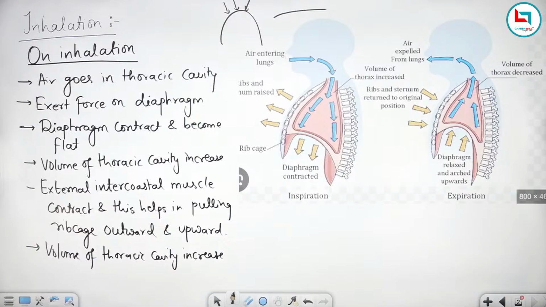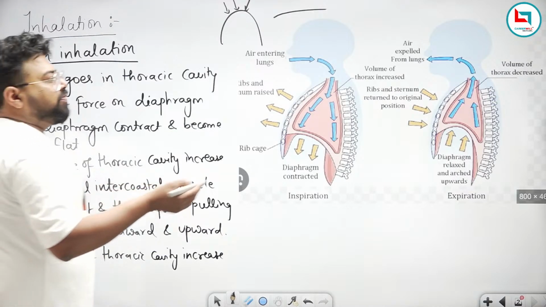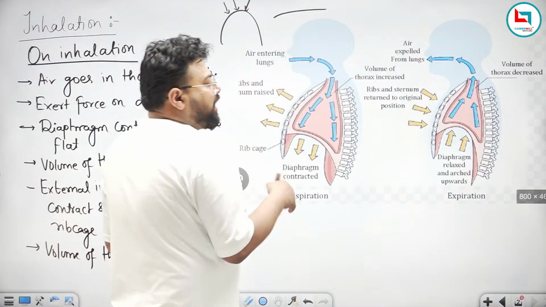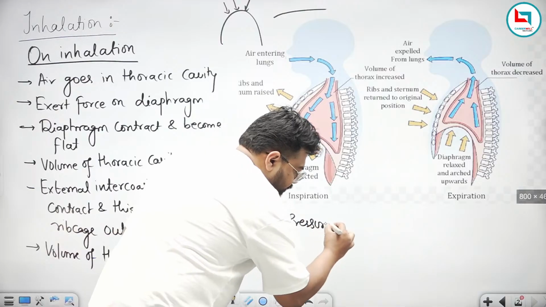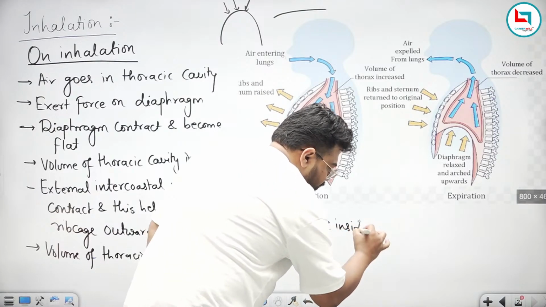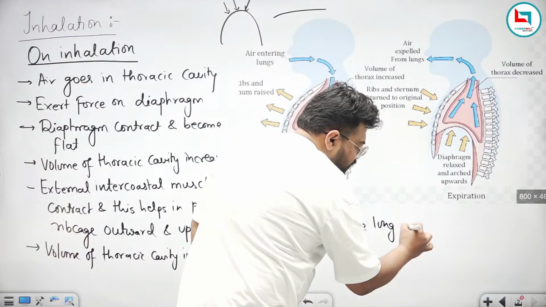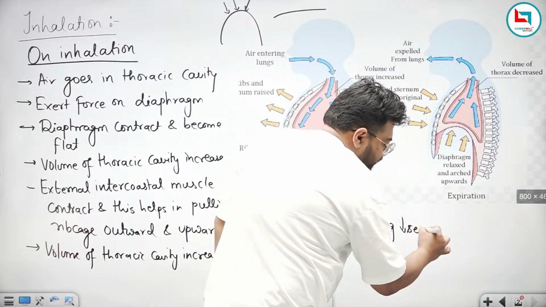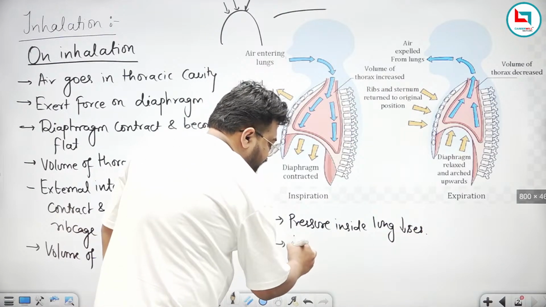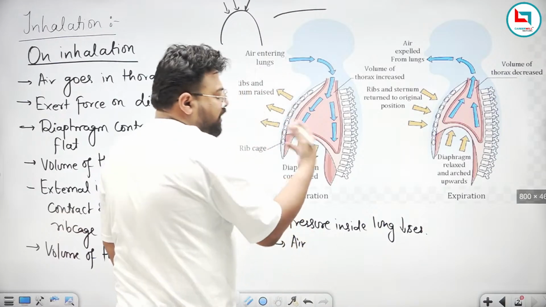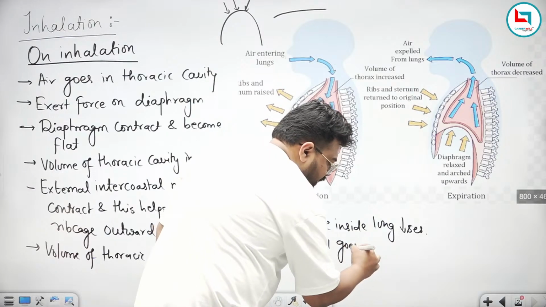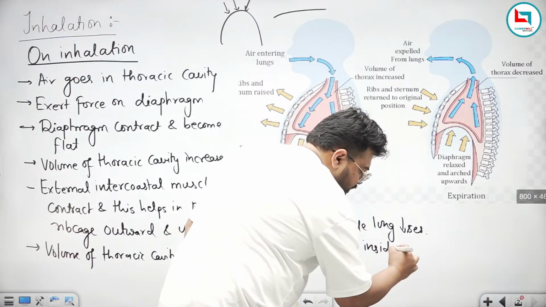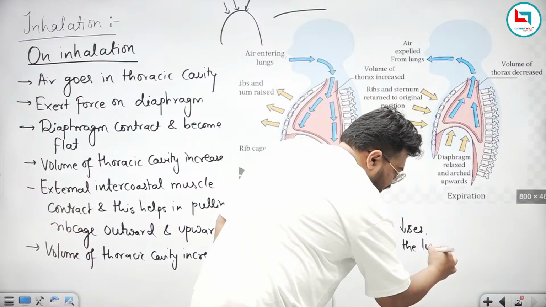Now, in our last topic, we have already discussed Boyle's law. If the volume gets increased, the pressure will get decreased. So the pressure inside the lung decreases and the air which is present in the thoracic cavity will go inside the lung.